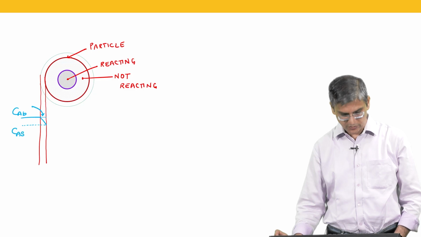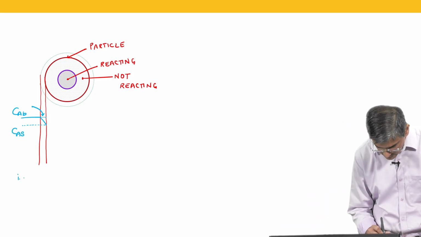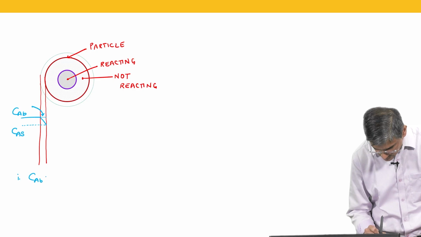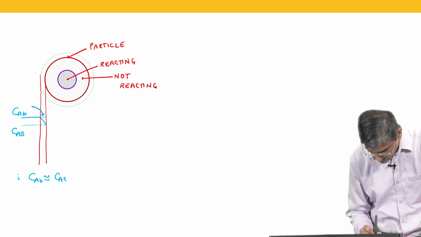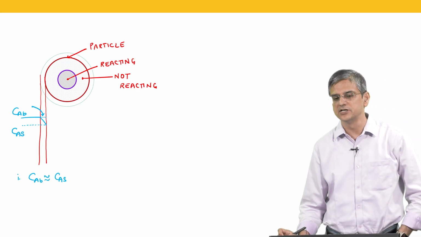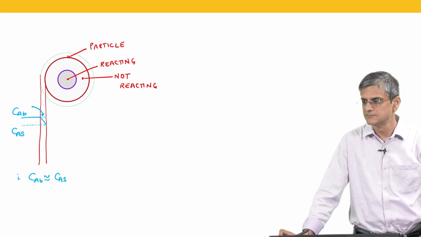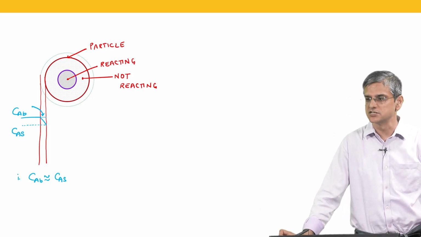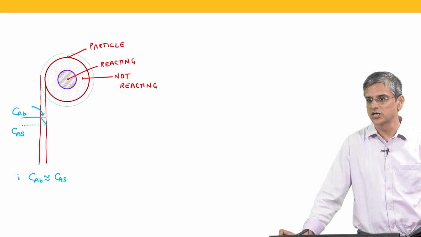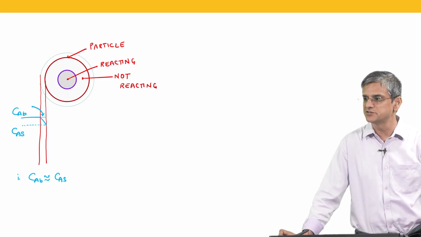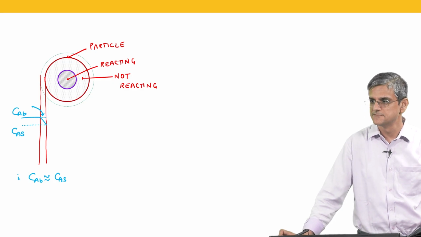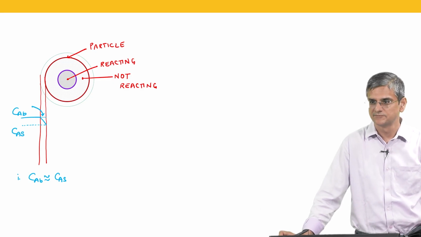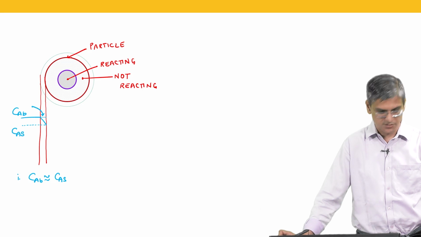Case number 1, the first one, when it is flat, when will that happen? There is no external diffusion resistance, which means what? kg is very large or kg is very small? kg is very large, right?